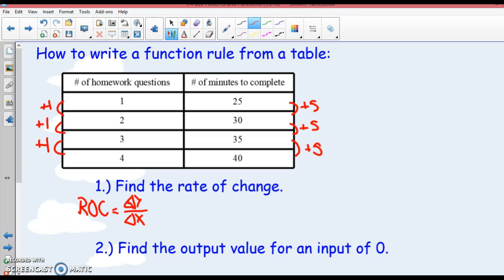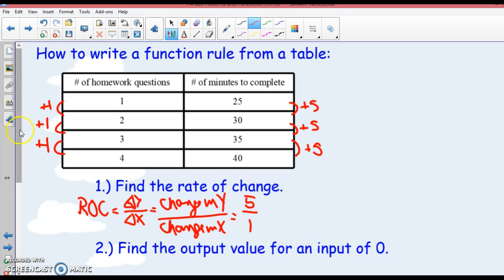That means change in y over change in x. So it's going to be 5 over 1. Now I can even go further. 5 what? 5 minutes per question. Okay? That's what that means. 5 minutes per question.